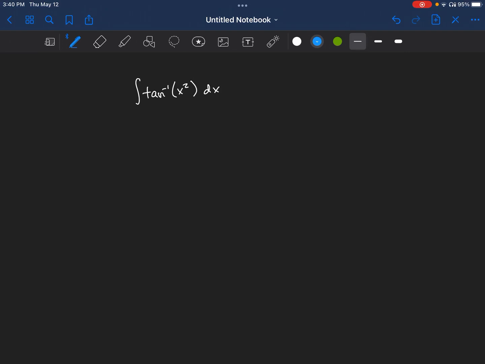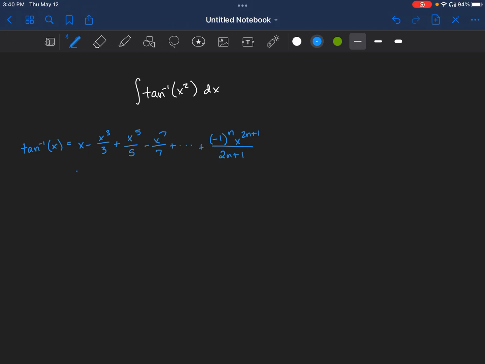So it's important to pay attention to the fact that arctangent, or tan inverse of x, can be written as x minus x cubed over 3 plus x to the 5th over 5 minus x to the 7th over 7. And it keeps going until we talk about the general term, the nth term, as negative 1 to the n times x to the 2n plus 1 over 2n plus 1.